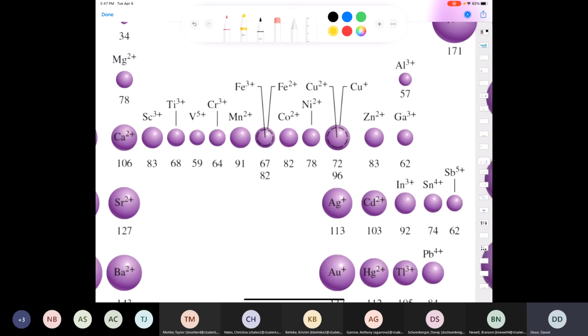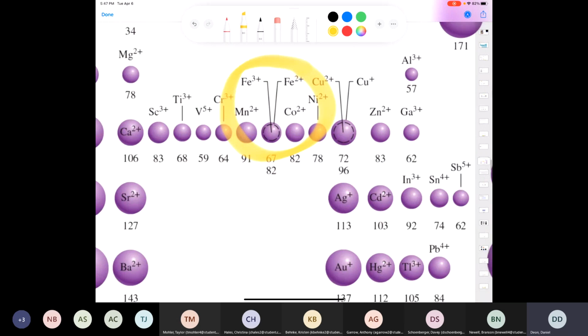Let's start by looking at iron 3+ and iron 2+. I'm sure you're all perfectly aware by now that iron can form these 2 possible charges. Well, what about the radii of those 2 ions? Hopefully it makes some sense to you that an iron 3+ ion is going to be smaller than an iron 2+ ion.